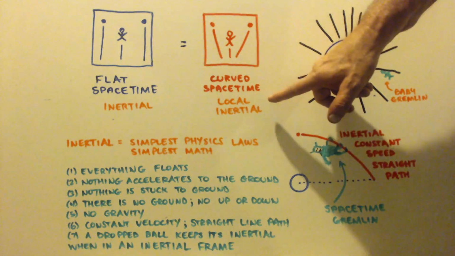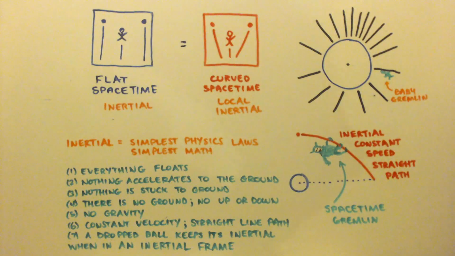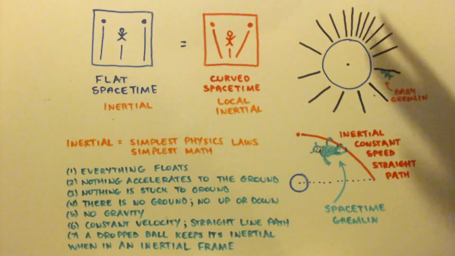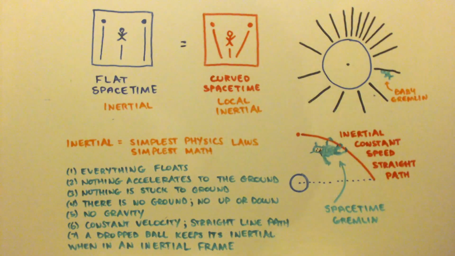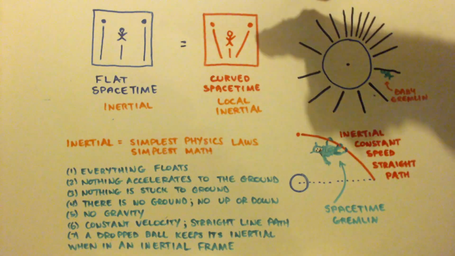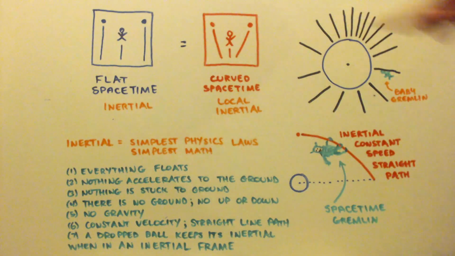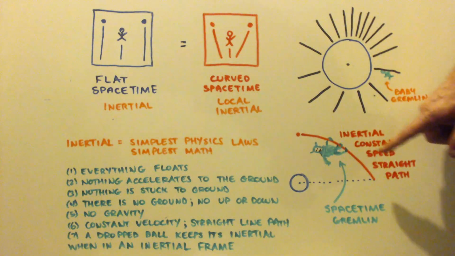A local inertial frame is not out in the vastness of space. No, it's in a gravitational field, right? So remember, a gravitational field doesn't affect objects. It only accelerates space-time down. It only makes the geodesic, and the falling person just follows the geodesic at a constant speed. See down here, there's a falling ball.